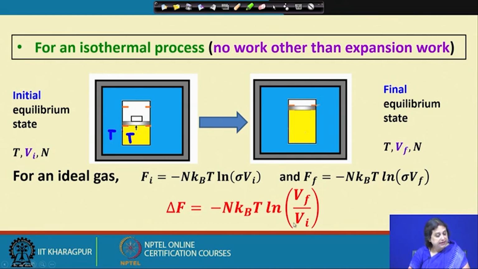It is only under that condition that delta F becomes less than 0 and the process is accompanied by a reduction in the Helmholtz free energy.